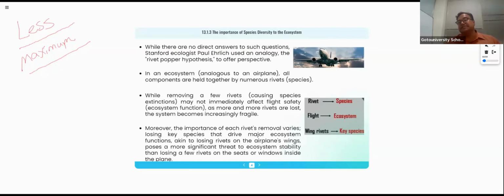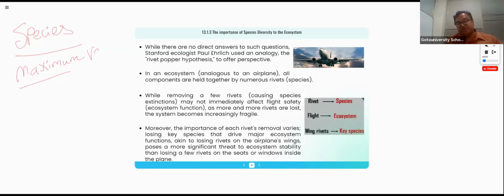So we need to understand that some species have the least value, some species have the maximum value, in terms of survival and ecosystem value, right?